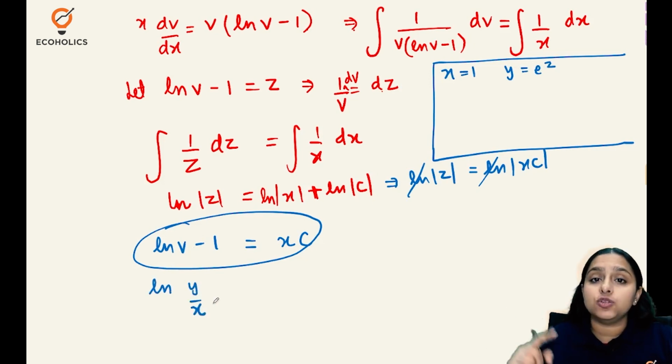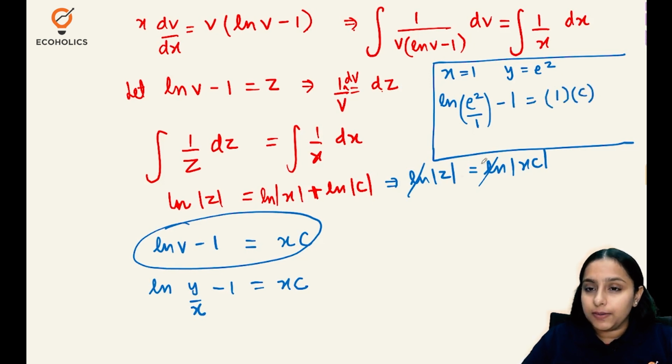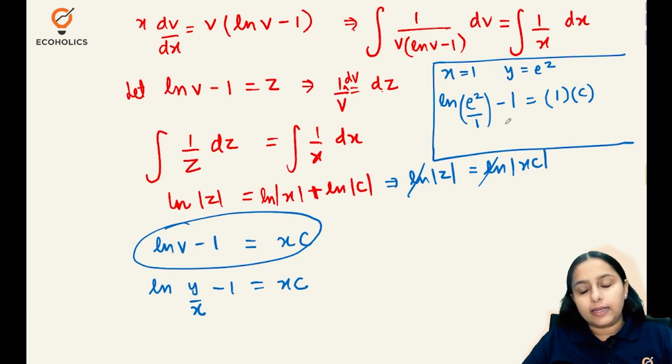We have assumed v as y by x in the beginning, so I am just substituting that back. So this means log(e²/1) − 1 = 1 × c. This is what you will be getting, right?